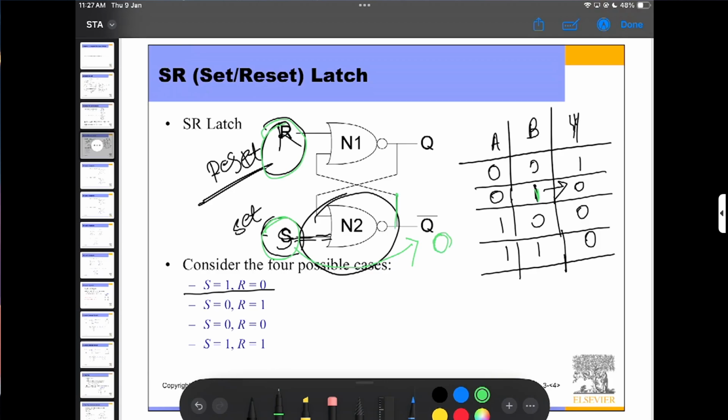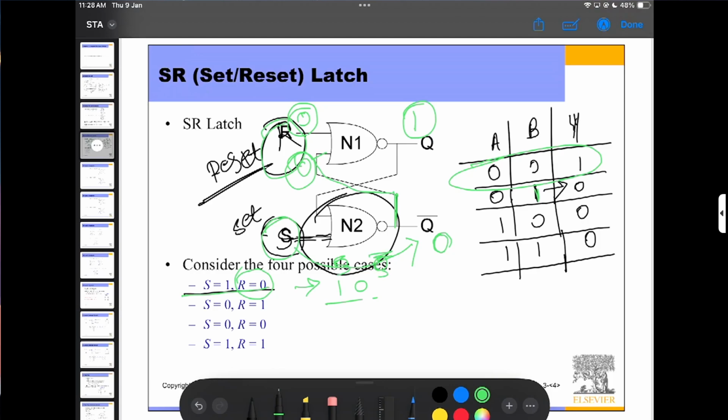Here 0, and this 0 goes to here, so R is 0, and the other input is also 0. So for 0 0, you go to the truth table and see that the output is 1. So if S is 1 and R is 0, it always gives 1 0: Q is 1 and Q bar equals 0.